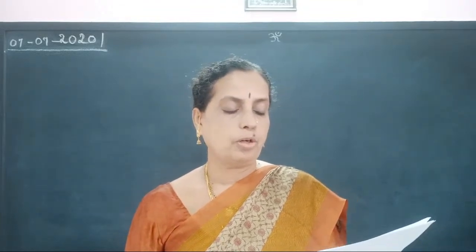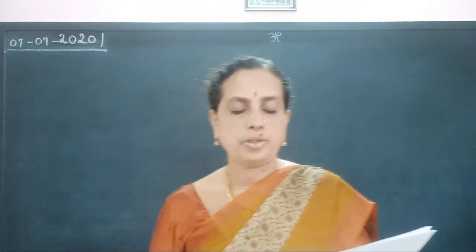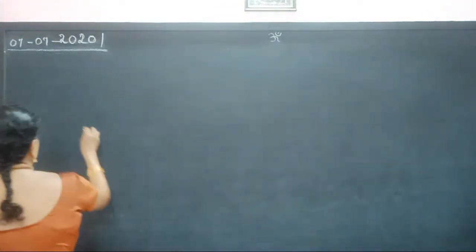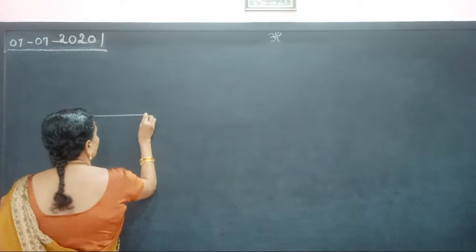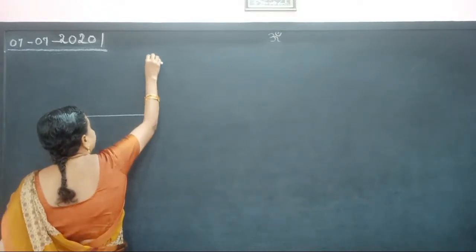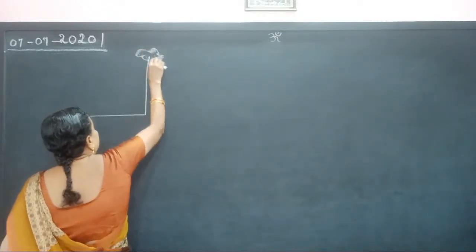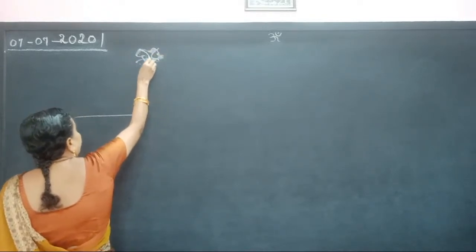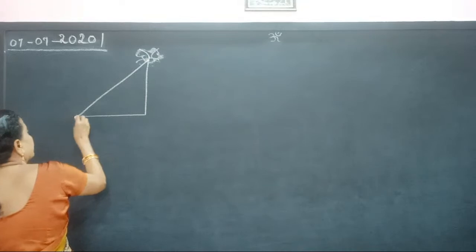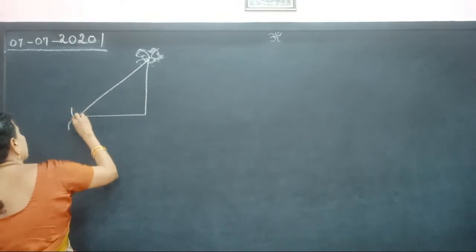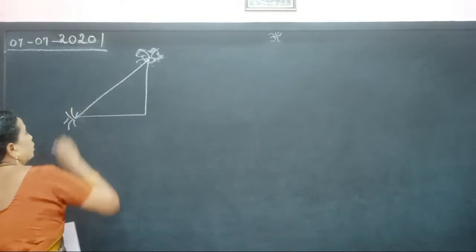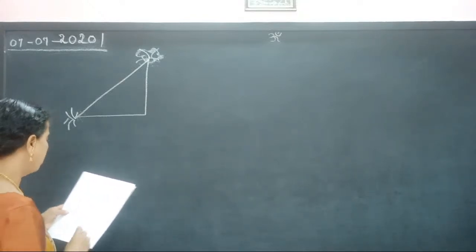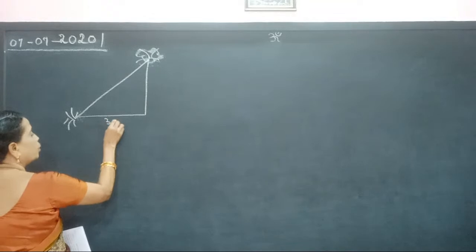A tree is broken by wind. The top struck the ground at an angle of 30 degrees. So let us consider this is the position of the tree. Due to the wind, it is broken here and this portion has been laid down to the ground at a distance of 30 meters from the root.